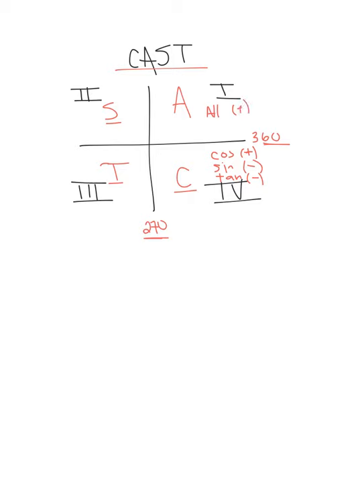So cos, sine, and tan of anything between 0 and 90 degrees will be positive. In quadrant 2, or S, sine will be positive, but that means that cos and tan will be negative. And in quadrant 3, or the T quadrant, tan will be positive, but sine and cos will be negative.